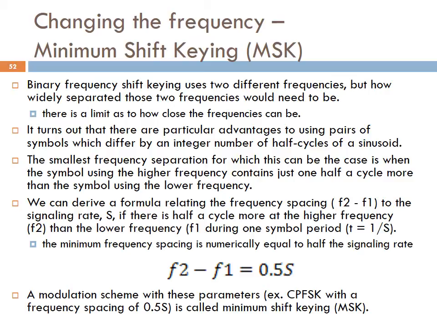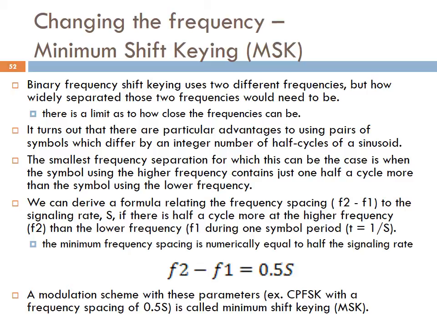So if we want to calculate the shift in frequency based on the minimum shift keying principle, which is half a cycle, then one can say that we have f2 times tau, the number of cycles during the symbol duration tau, minus f1 times tau, which is the number of cycles during the symbol duration tau for the first symbol. The difference between them is 0.5, half a cycle.